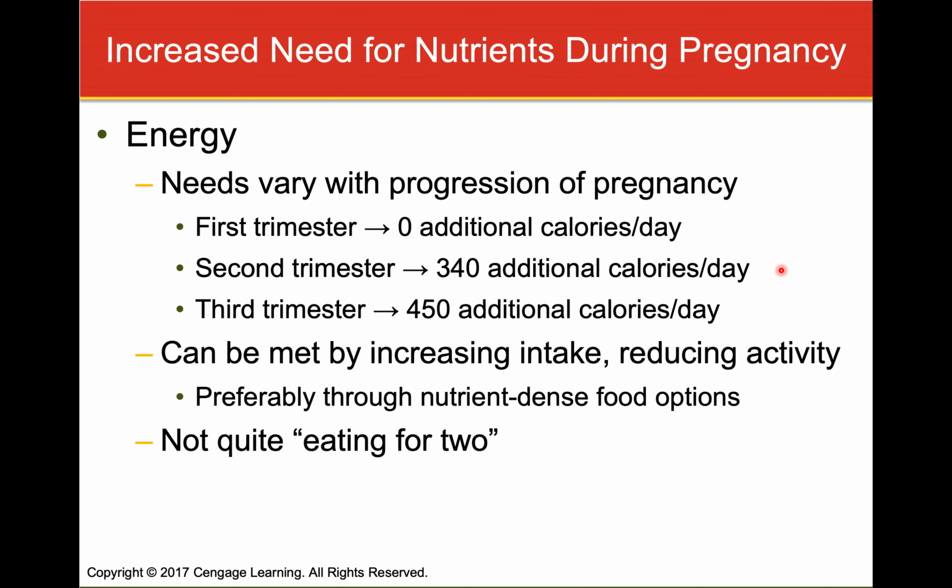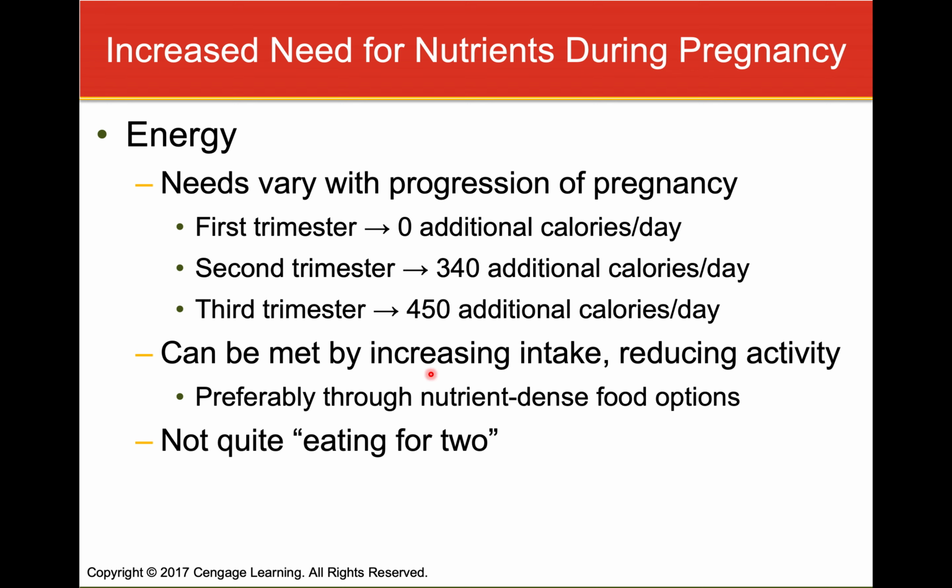In the second trimester, there's a recommendation for 340 additional calories. So you take whatever the maintenance calories are and you add 340 calories. And then in the third trimester, that 340 goes up to 450 additional calories per day. Now, in most instances, this is going to be met by increasing intake, but it also can be assisted by reducing activity.